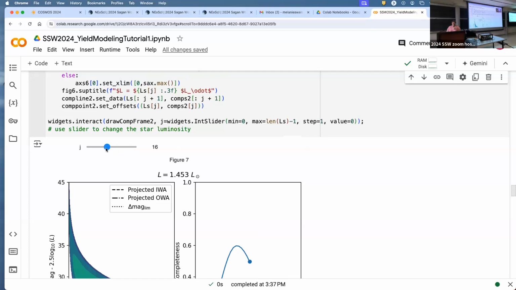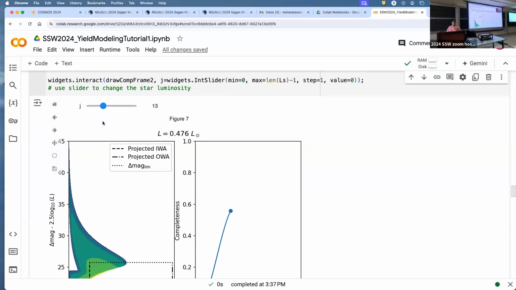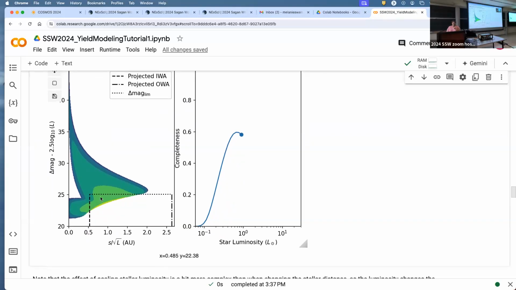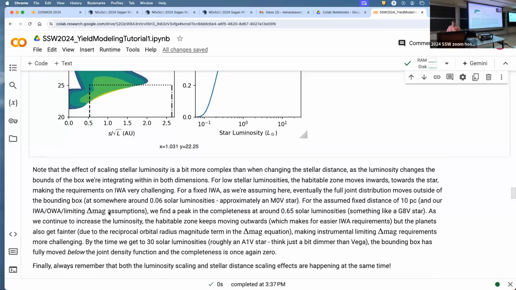Again, those are all the assumptions that we're using. Being able to gather the brightest part of this completeness distribution function.